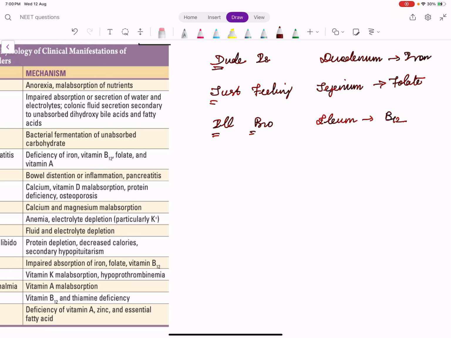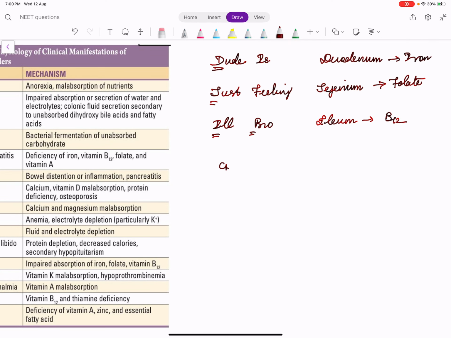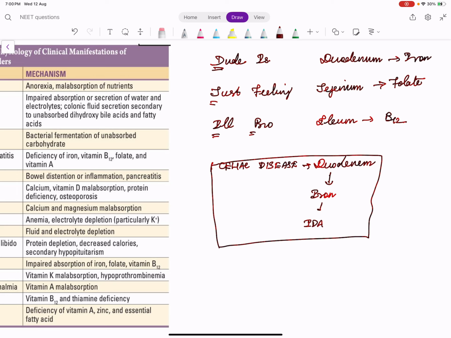So some diseases affect some parts, and when a particular part is affected, a particular mineral will be affected. For example, celiac disease, which we just discussed, there will be villous atrophy predominantly affecting the duodenum. When the duodenum is affected, which mineral is not absorbed? Iron is not absorbed, so there will be iron deficiency anemia. So if a scenario is given with a history of diarrhea and iron deficiency anemia on evaluation or examination, we have to think of celiac disease.